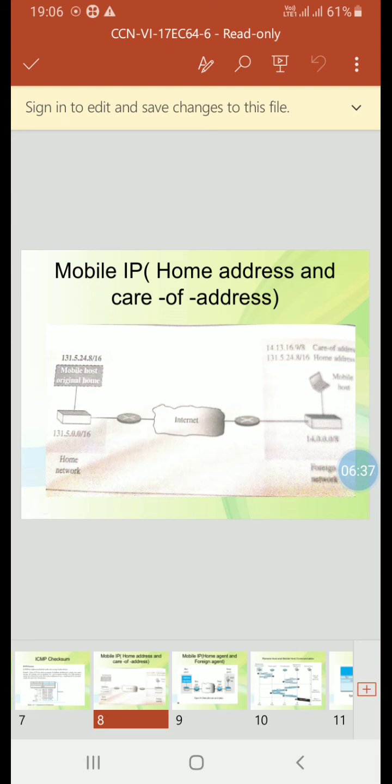Next we'll see mobile host. When a host moves from one network to another, the IP addressing structure needs to be modified. There are several solutions proposed.